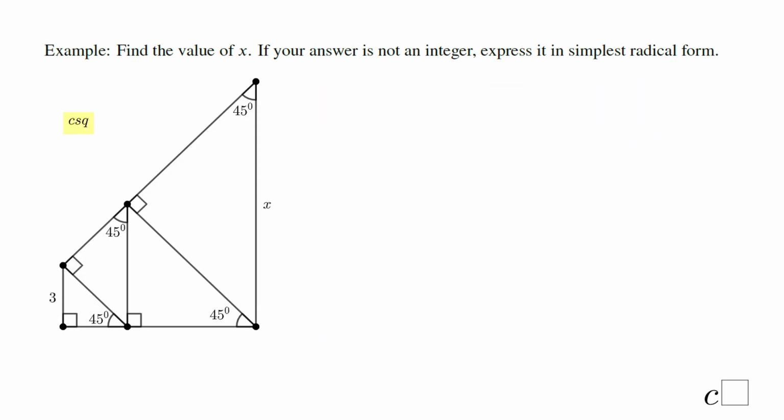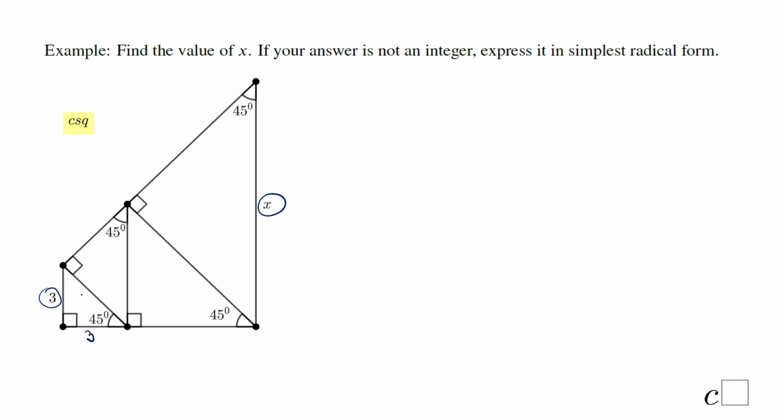Okay, and the last problem, a very interesting problem. You have multiple 45, 45, 90 triangles, and we need to find this x, and we know this 3. So we're going to go slow. If this is 3, this is 3, right? Why?